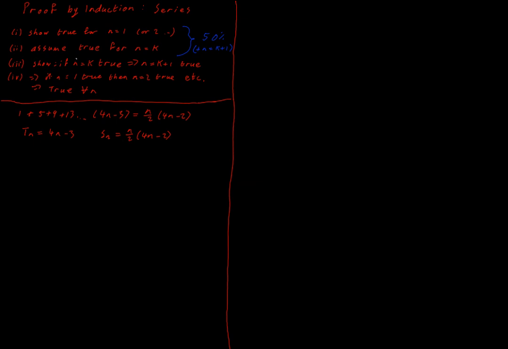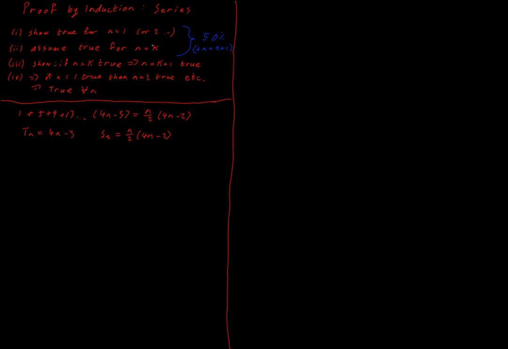Part 2, I'm going to say that I assume that this pattern holds. So I am assuming, I'm not proving, I am assuming that this pattern holds, that this equation is true for a particular value of n. And the particular value of n we choose is usually called k. You don't have to call it k, but that's the tradition. Now k is just a variable, just like x or y that we've been using for years.